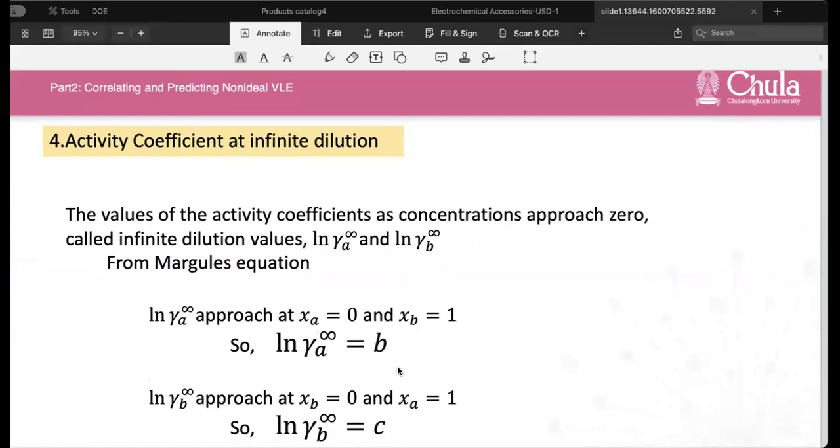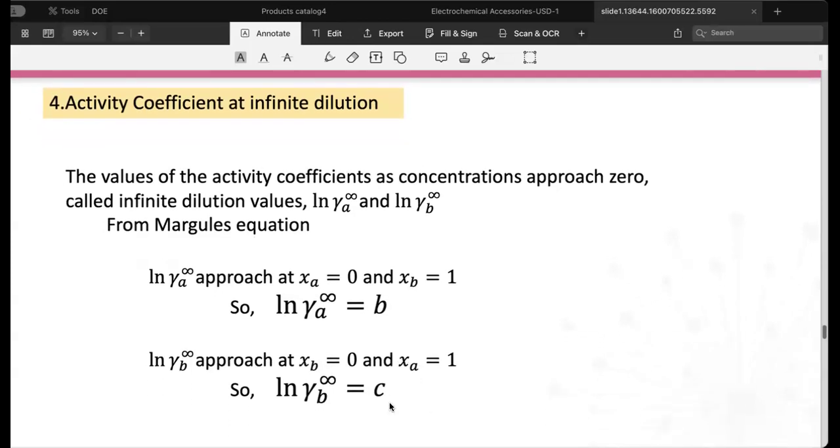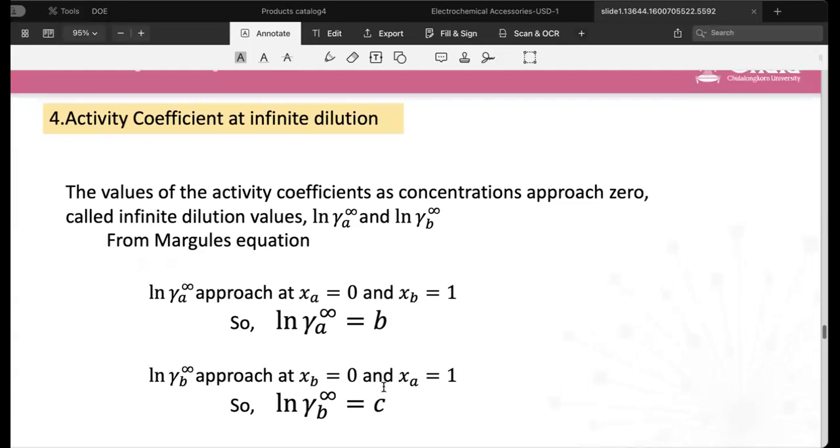And at the opposite side, if we consider log gamma B infinity, that means XB becomes 0 and XA is close to 1. In that case, log gamma B infinity is C. So you obtain another parameter.